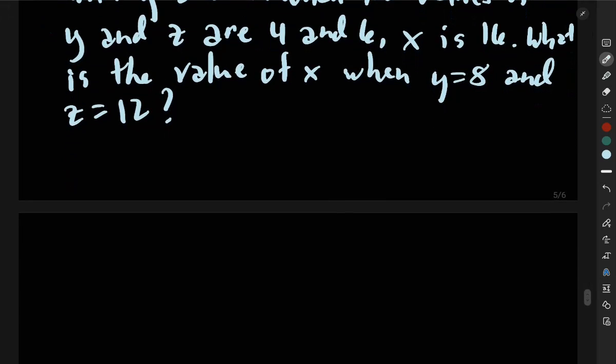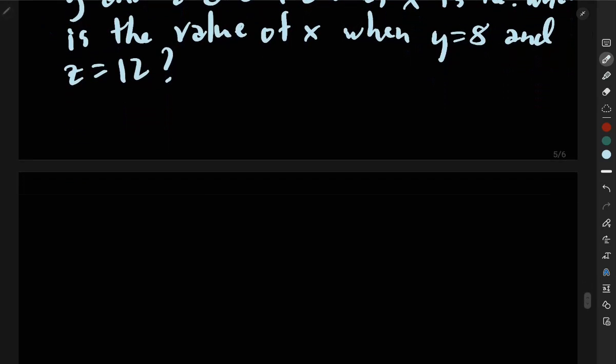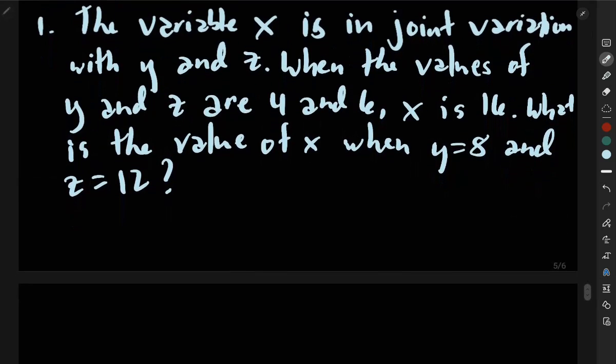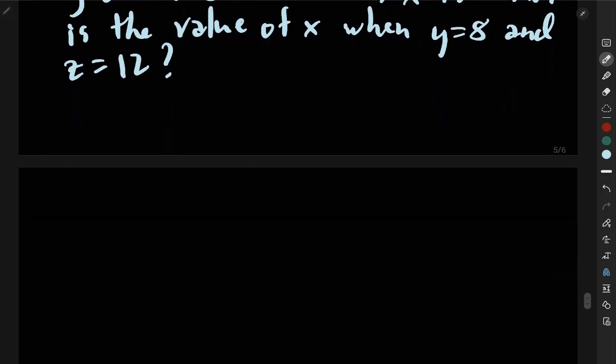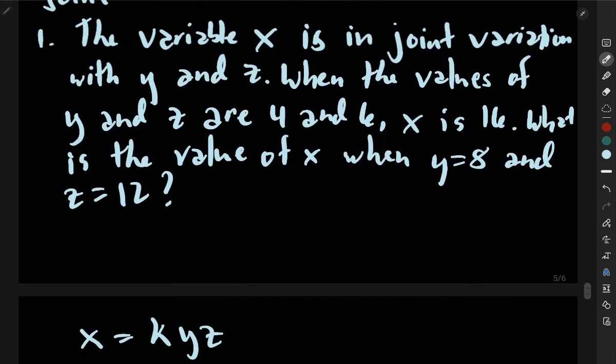So let's write the equation. Since it's joint variation, x is in joint variation with y and z. So it's x equals kyz.